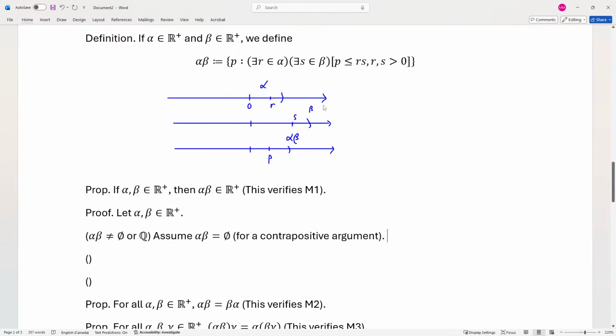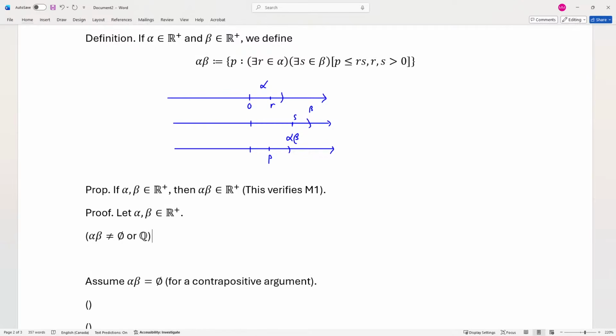I think a direct proof is actually maybe easier. So we can just enumerate an element, right? Because alpha and beta are positive, okay. Actually, I'm sorry, I don't want to delete this for now, just in case I need to come back to it.